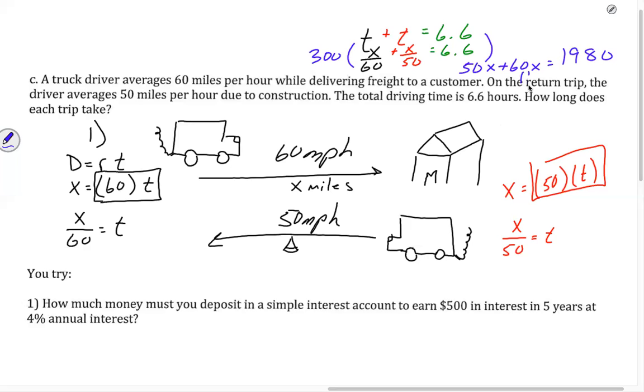So that's going to be 110x equals 1980. So x is going to equal 18. Now that I know it's 18 miles, I can plug that in, and I can do 18 divided by 60. All right, and I can do that, and I'll get my answer.